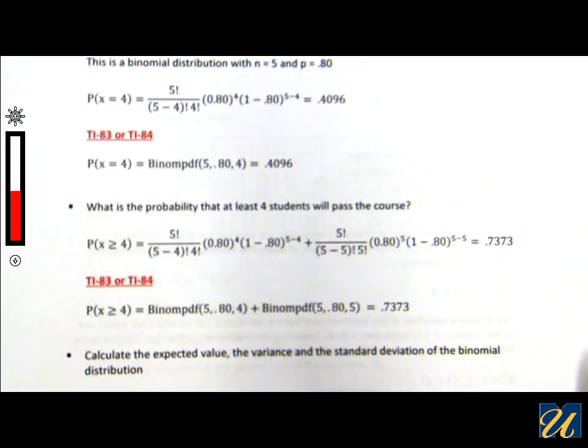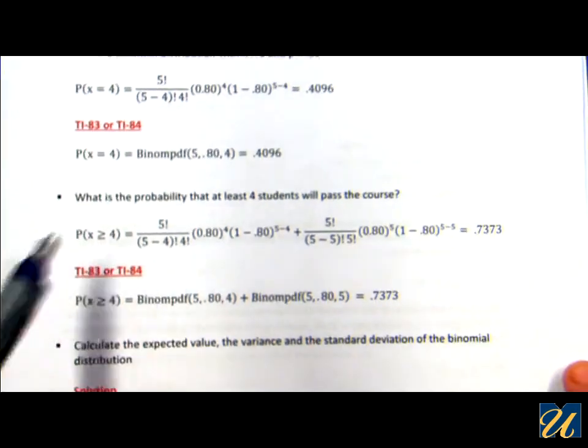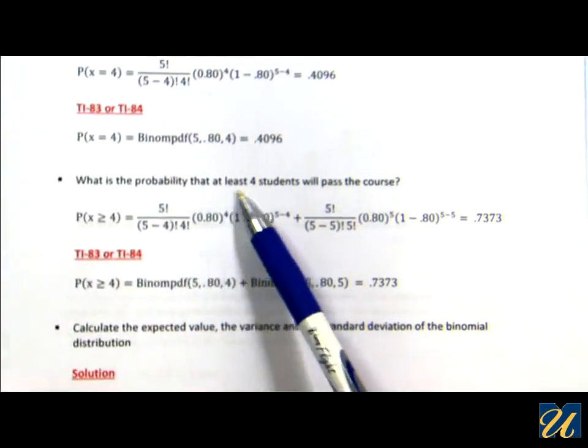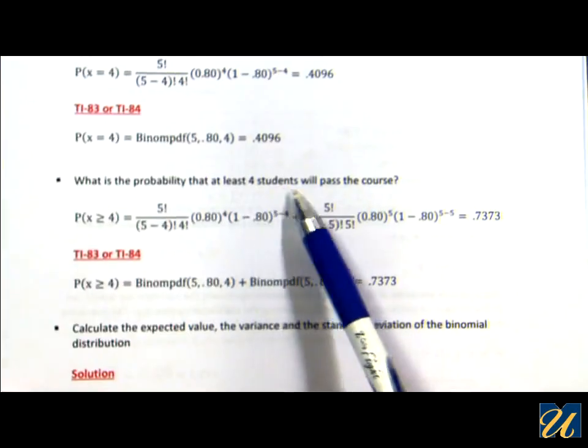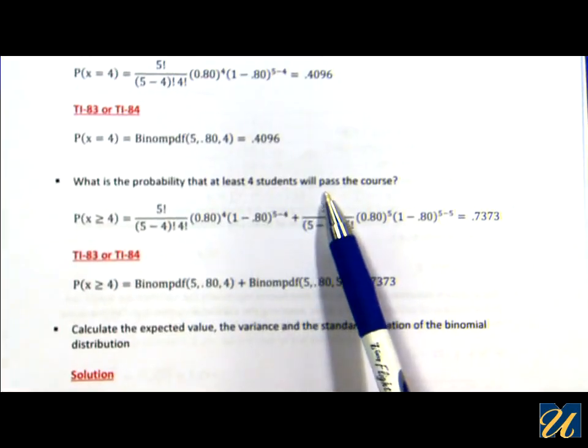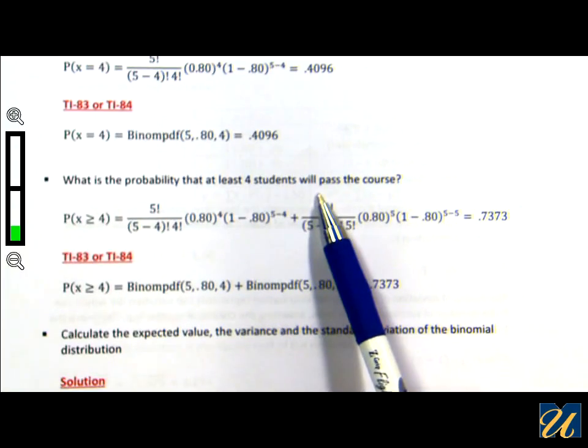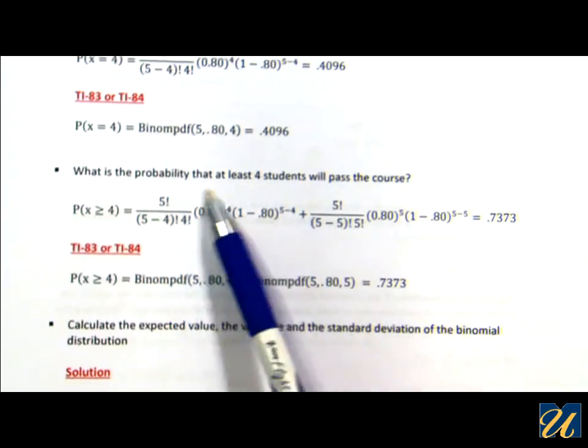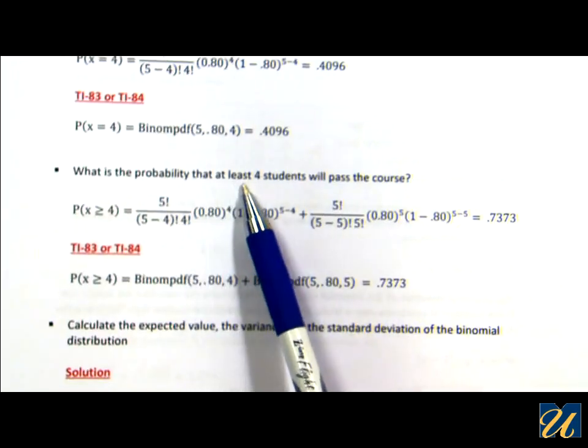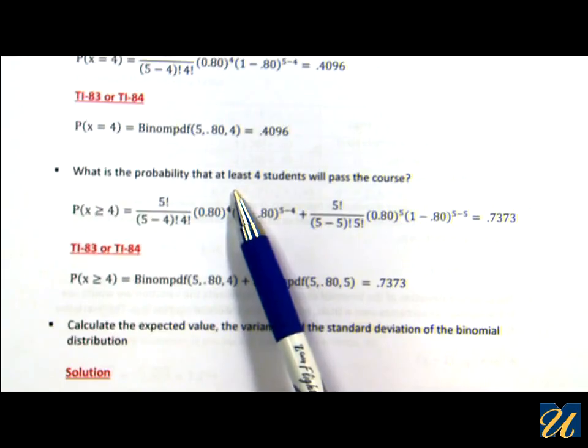For the same problem, what is the probability that at least 4 students will pass the course? And this is where I want you to be very, very careful with keywords. At least means what? You're looking for the probability of x greater than or equal to 4. Since you have a discrete probability distribution, you have to express this in a format where x is equal to a specific value.